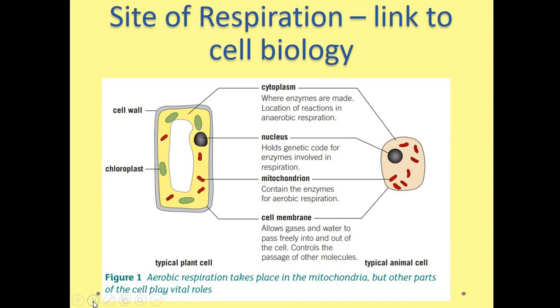So we know that cytoplasm, that's where the enzymes are made, and this is the location for anaerobic respiration, in the cytoplasm of cells. For aerobic respiration, that is specifically in the mitochondria, the organelles that are found inside the cells. So then we're starting to think about the different sites of respiration within the cell itself, in terms of aerobic being in the mitochondria and anaerobic being in the cytoplasm.